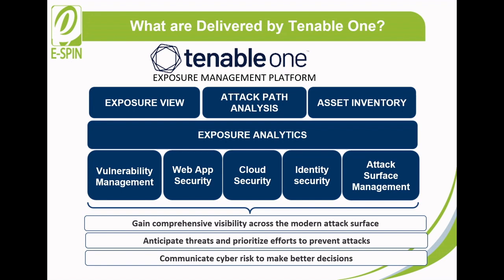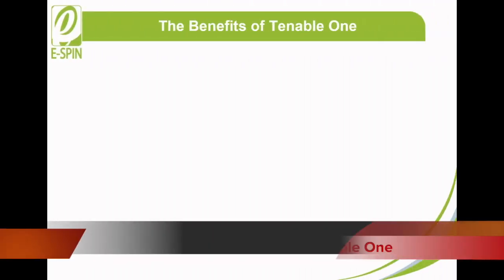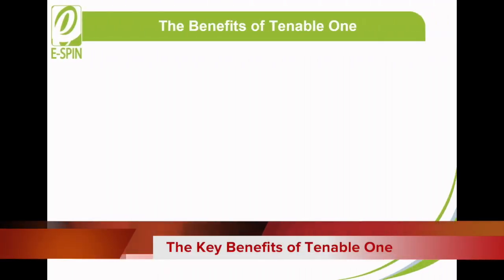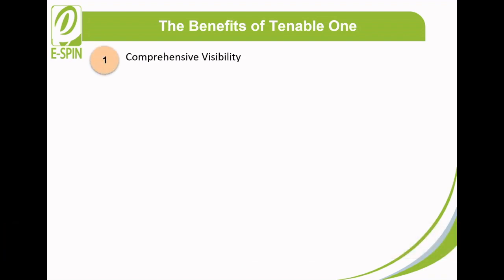to make better decisions. The key benefits of Tenable One include comprehensive visibility. Tenable One offers a unified view of every asset and associated software vulnerabilities, configuration vulnerabilities, and entitlement vulnerabilities for both on-premise and in the cloud.